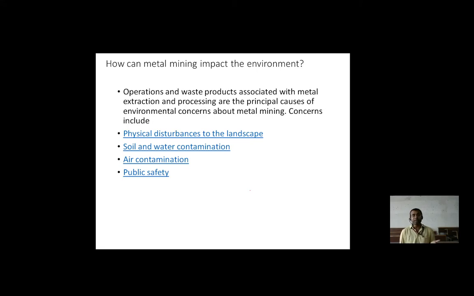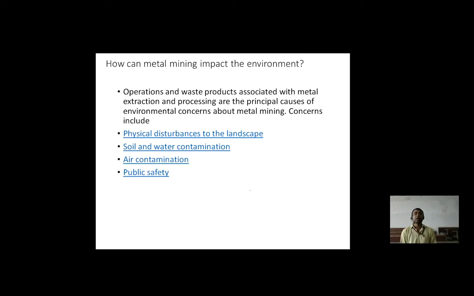Yes, we take care of human beings by helping nature. As we help nature, nature will give back to us. But if we harm nature, how long it will help us, we don't know. So we need to keep all these things in mind when we create or extract metals.